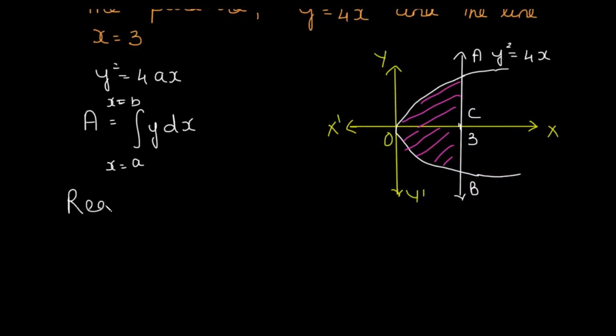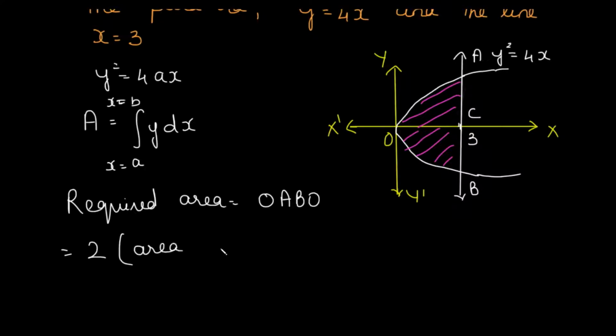So required area is equal to OABO, which is twice the area of the region OACO. Look at the diagram and get it actually. Okay, so this is region OABO, which is double the region OACO.